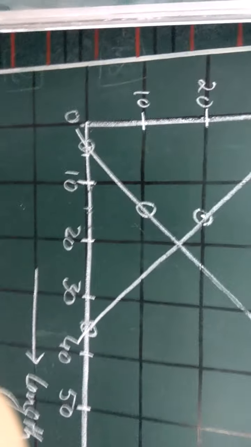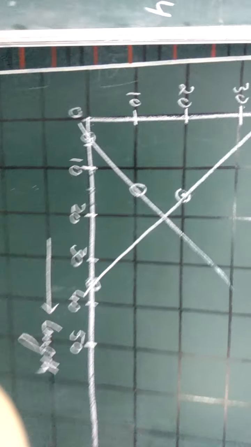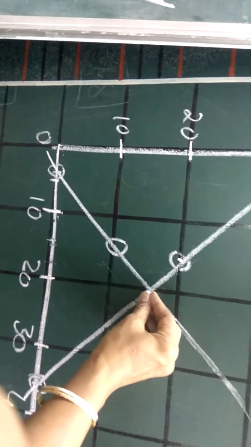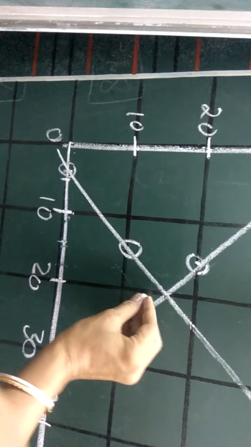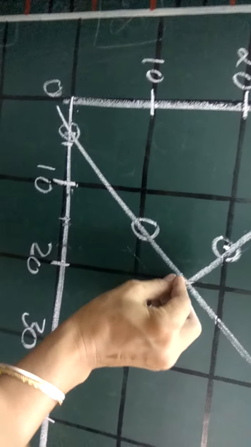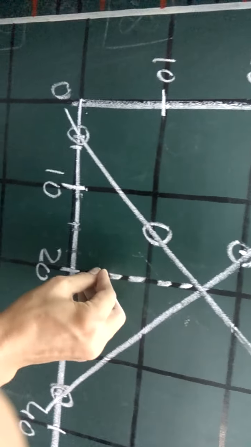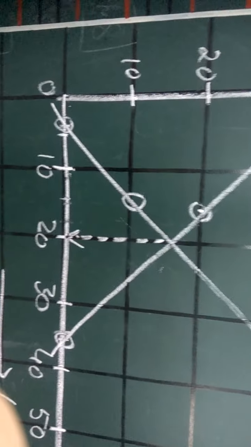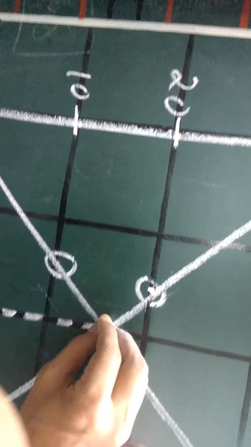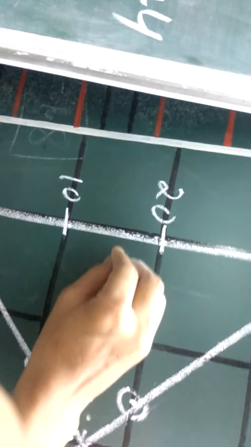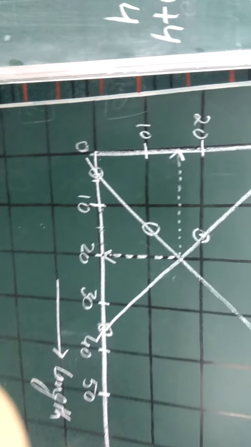Dear students, as I told you, to get the solution you have to focus on the intersecting point. Start moving from the intersecting point towards the x-axis. You will get the length, that is 20 meter, and when you move towards the y-axis, you will get the breadth, that is 16 meter.